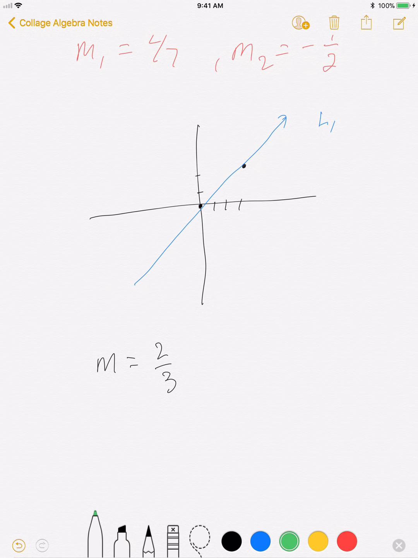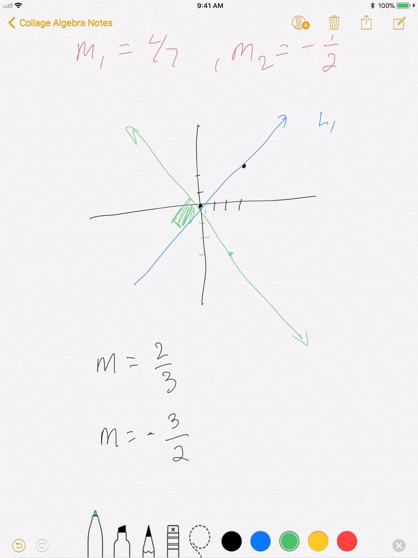A perpendicular line will automatically have a slope of opposite signs, always different, and the reciprocal. So my line will again start at 0, 0. This time I'll go down 3, 1, 2, 3, and then over 2 right here. If I draw this line carefully, this is a nice way of hand drawing a right angle. These two lines will automatically meet at a right angle.